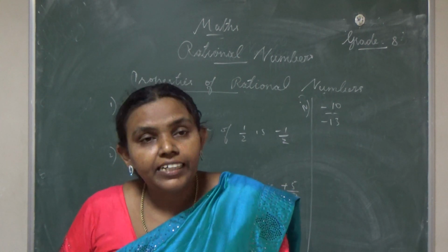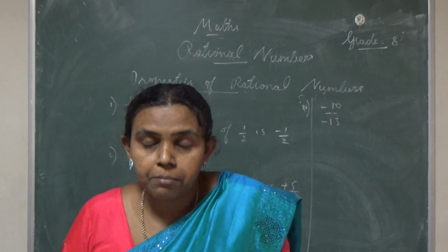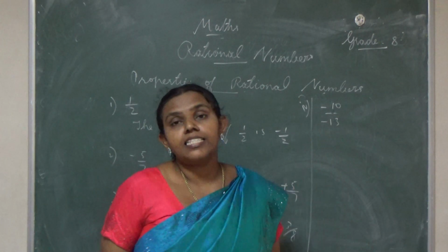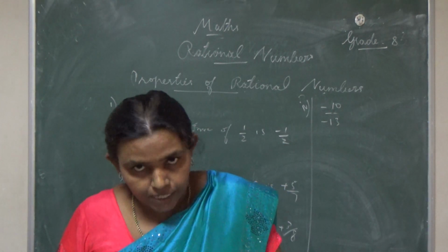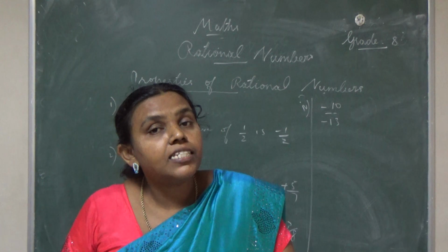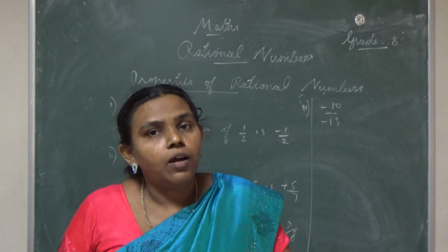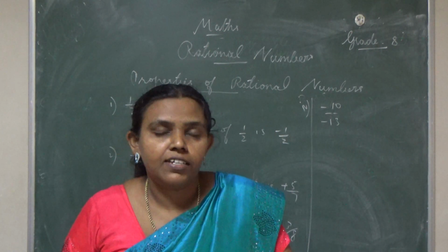Last year I taught positive rational number, negative rational number. Do you remember? So minus 10 by minus 13 is what number? Positive rational number or negative rational number? What is positive rational number? Positive rational number means both the numerator and denominator have same sign. What is negative rational number? If both the numerator and denominator have different sign.